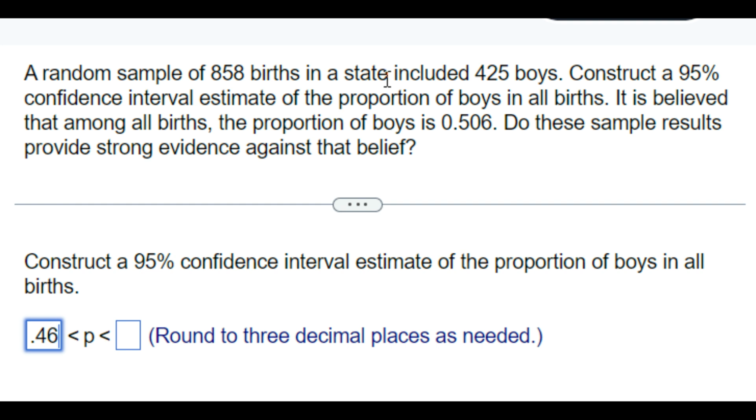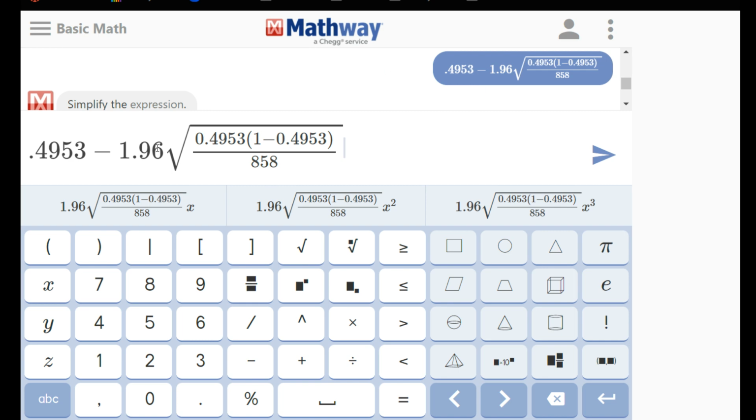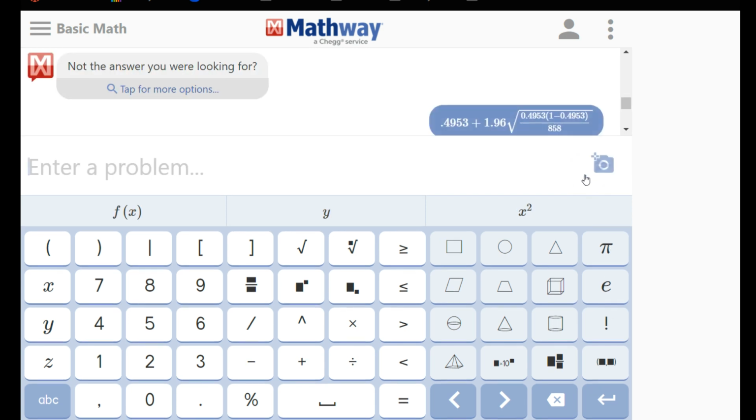And they want us to round to 3 decimal places, so 0.4618 is just 0.462. And then I'll head back over to Mathway, click what I had worked on up here, and it comes back in the box. And now I'll just change it to plus. So then I'll have the two answers, the point estimate minus the error, and now the point estimate plus the error.